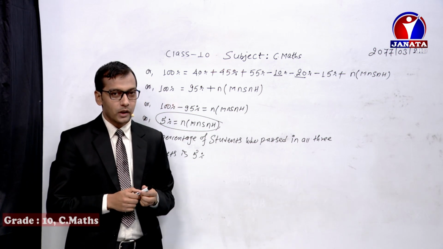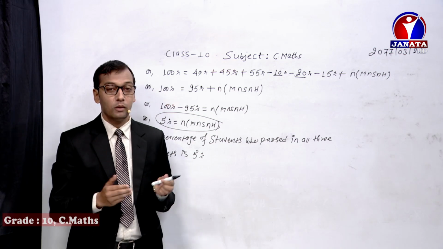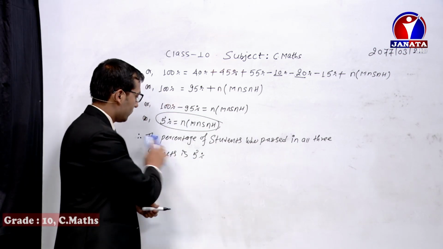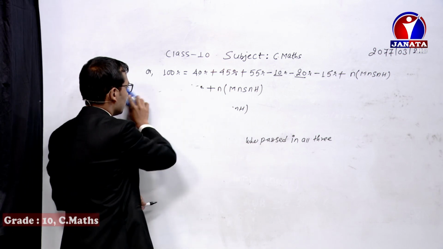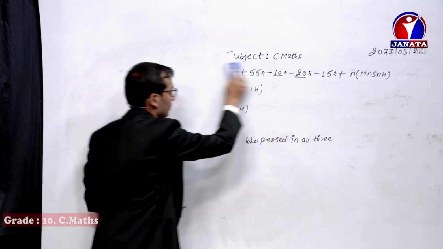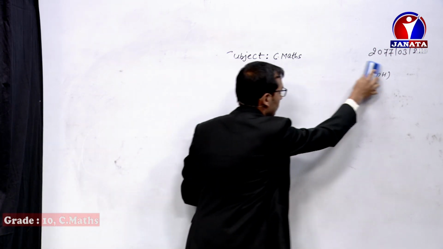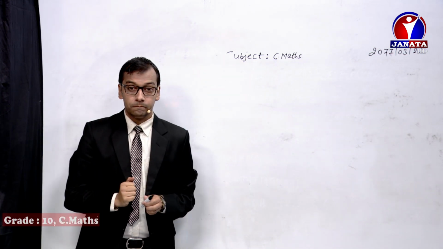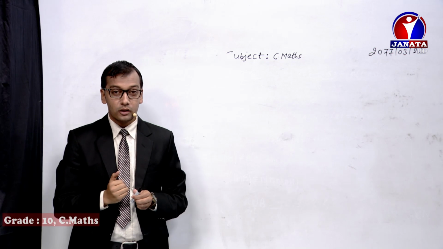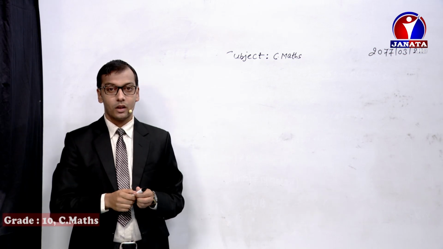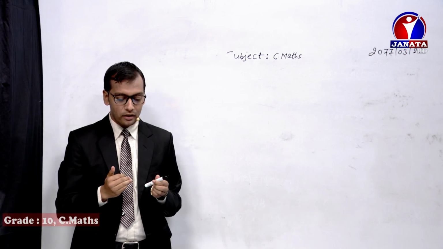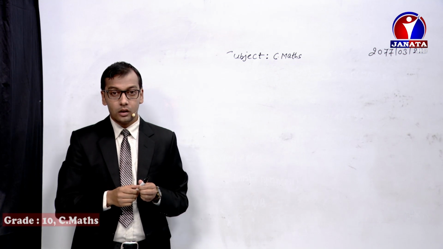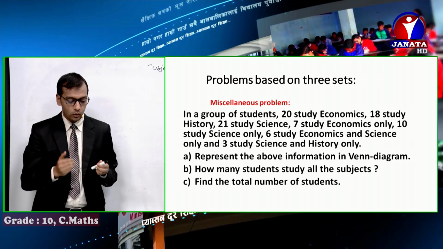This is the last question I am discussing from sets. Okay, so the next question is also based on three different subjects. So you can read the question on the slide. Let's read the question now.